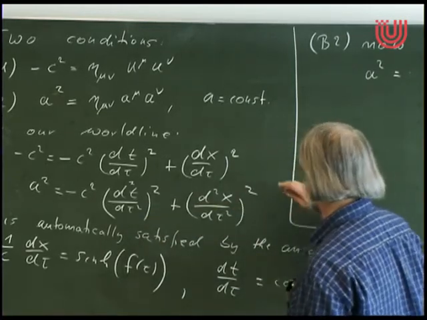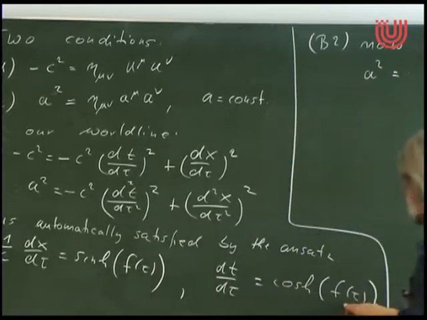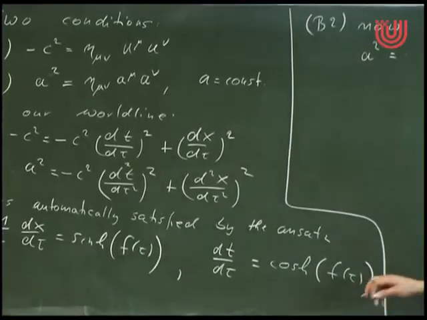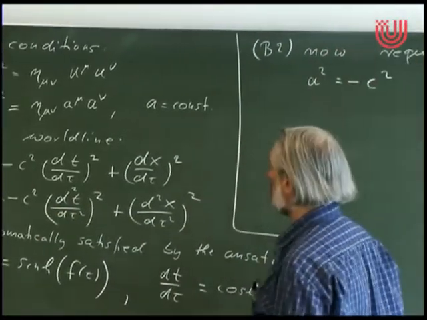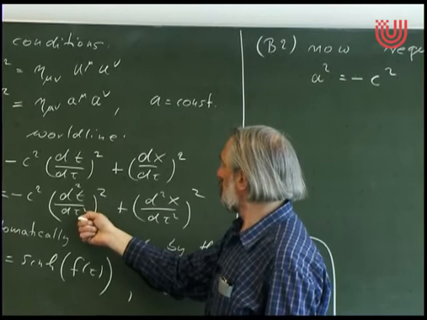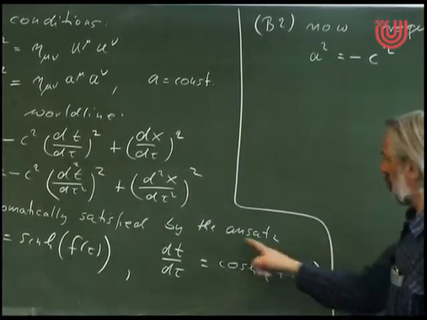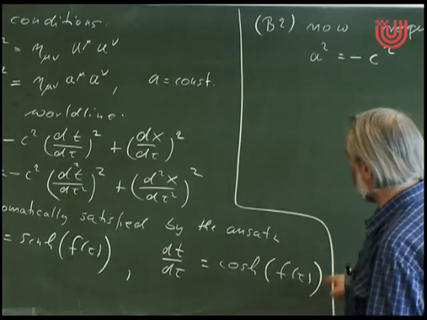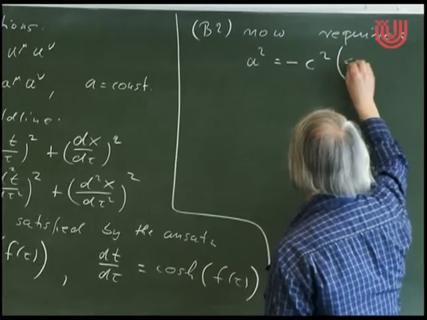Here I have substituted for the first derivatives. So here I have second derivatives, so I get something with f prime, right? So I have this minus c squared, and then the second derivative of t squared. Here's the first derivative, so I differentiate this with respect to tau and then square it. So I get derivative of cosh is sinh.